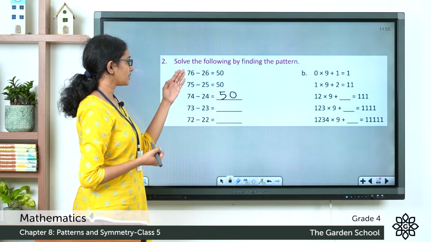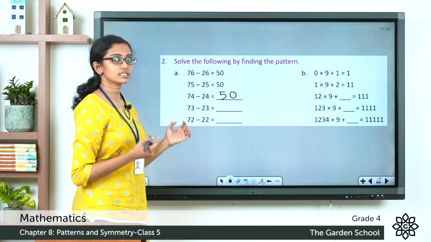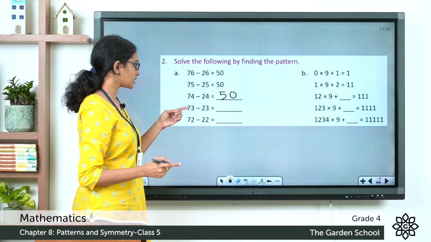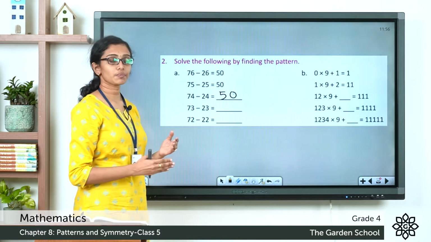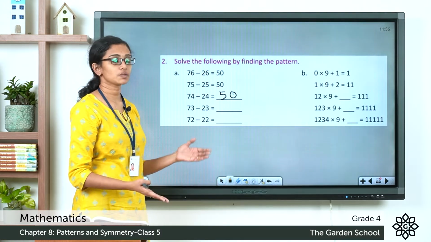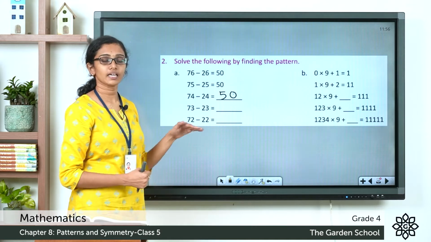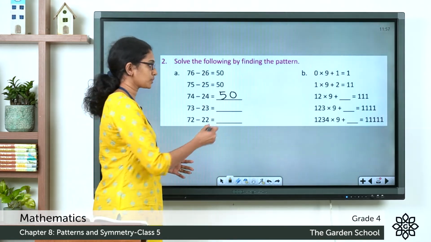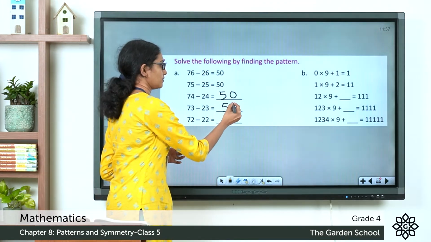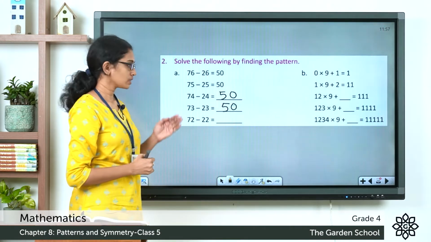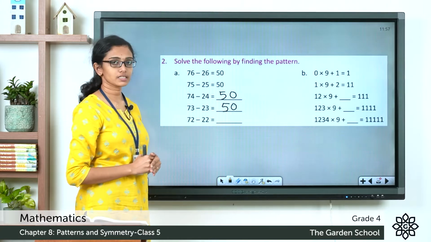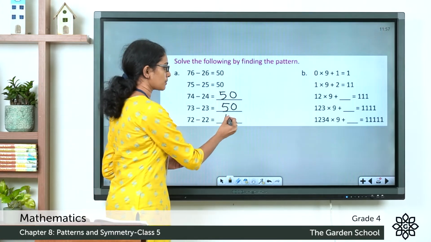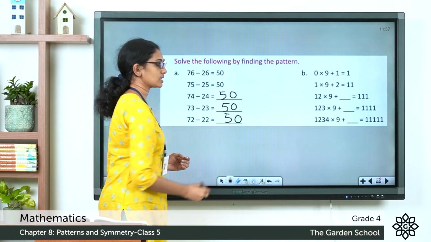This is 76 minus 3 and 26 minus 3, or 74 minus 1 and 24 minus 1. So, 1 is subtracted from both the minuend and the subtrahend in each row. The difference is going to be the same. It will be 50 itself. Now, the next line, 73 minus 1, 23 minus 1. So, it's 72 minus 22. The difference will remain the same. It will be 50 itself.